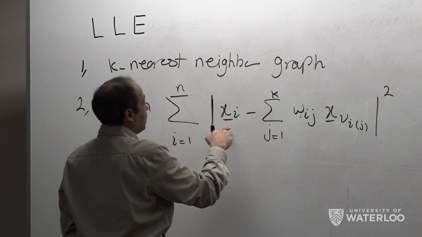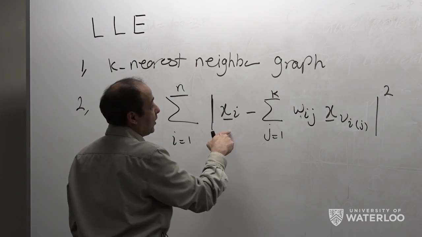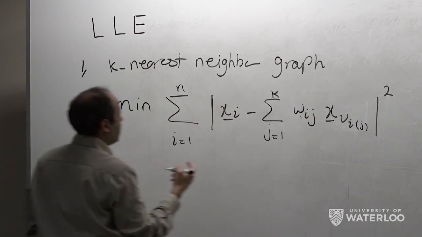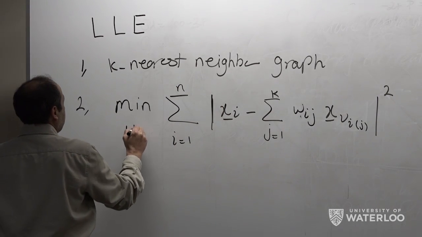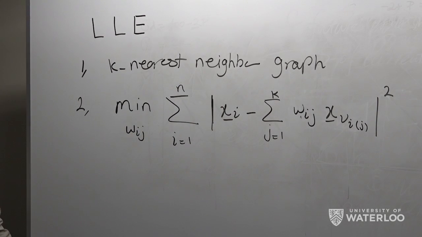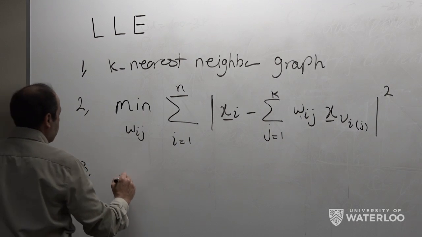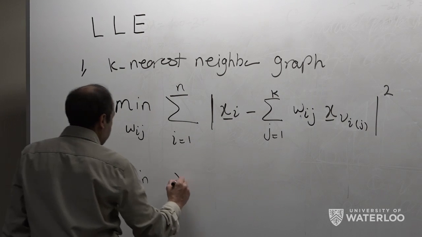You want to know how each point can be reconstructed by its k nearest neighbors, and you optimize this objective function and find weights. We learned how to do this in the previous lecture. The third step of LLE is to minimize this objective function.